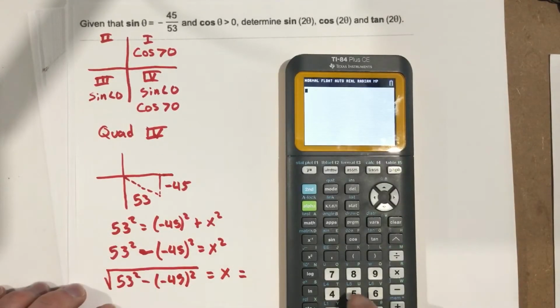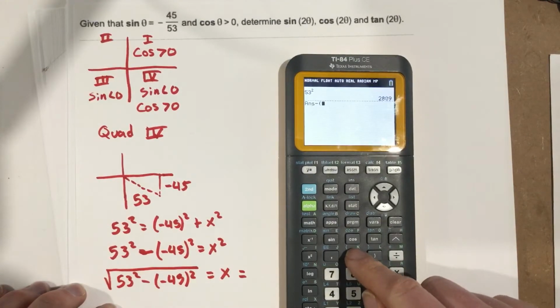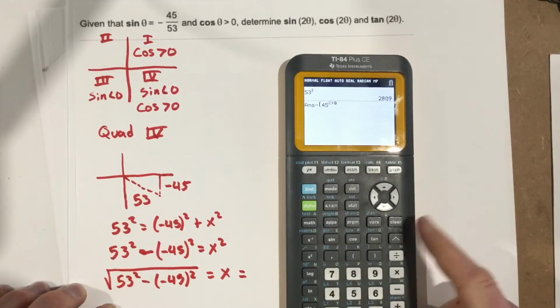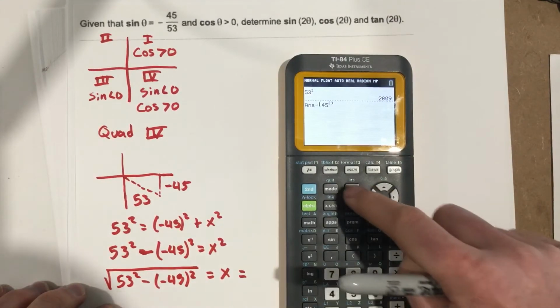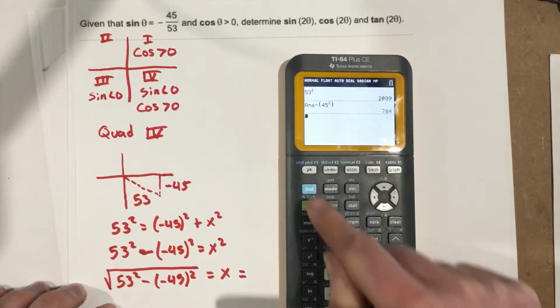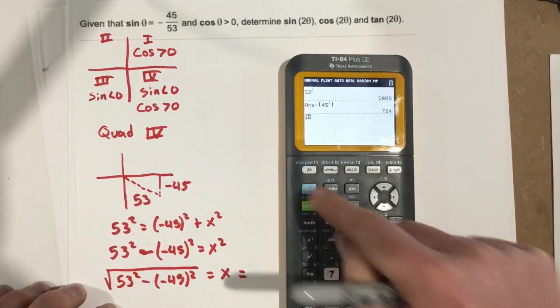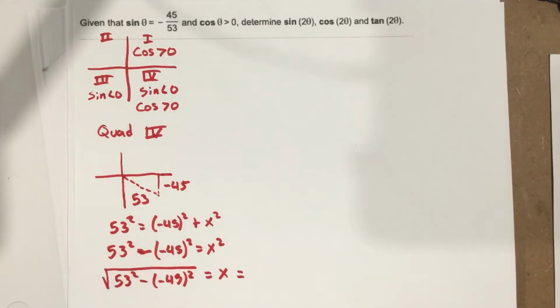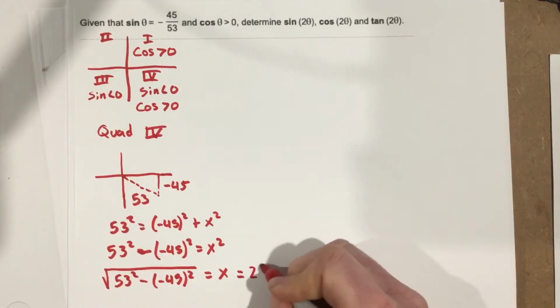So we get 53 squared minus 45 squared, since it's negative 45 but I can just put 45 squared in there. Let's make sure I put the parenthesis in the right spot. 784, and do the square root of that: 28. So we get 28 as our x value.